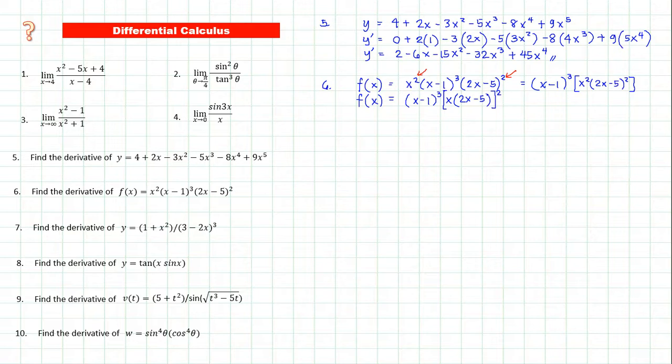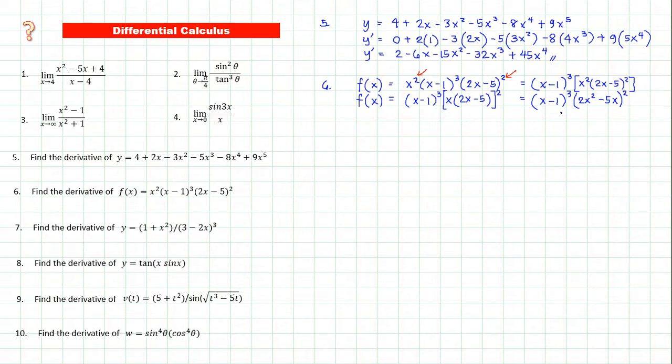Ganyan siya. And medyo i-refine pa natin ng konti. This will become (x minus 1) quantity cube times, so i-distribute na natin yung x, para talagang mawala yung bracket dyan. We have (2x squared minus 5x) raised to the second power.